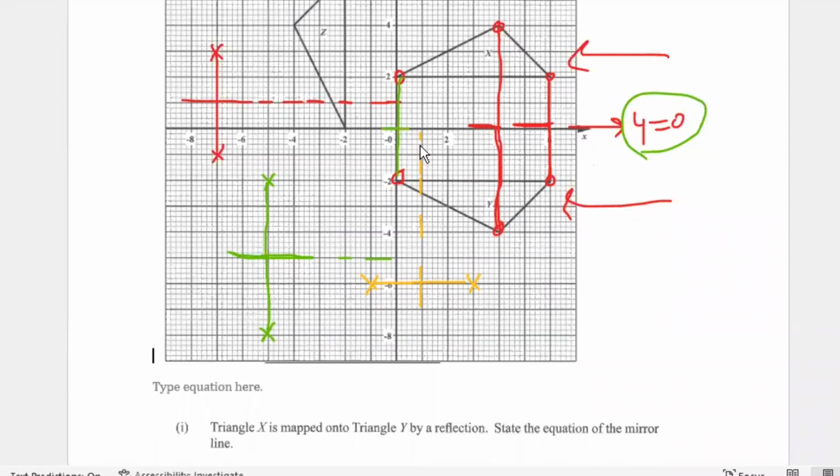So all along this line, x would be equal to 1. It's just that now they're no longer above each other, and that is where usually your equation would be y is equal to whatever value it corresponds with. But now our points are side by side, and that is how our equation becomes x is equal to, because our mirror line is passing through our x-axis, and that is how we have x is equal to 1.